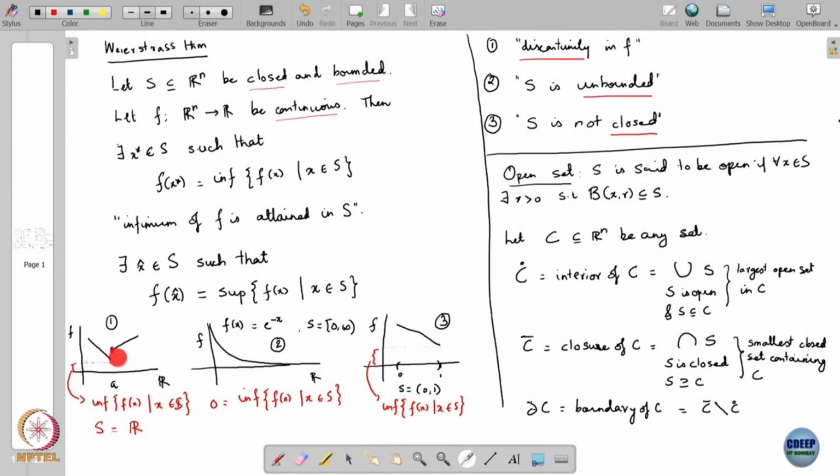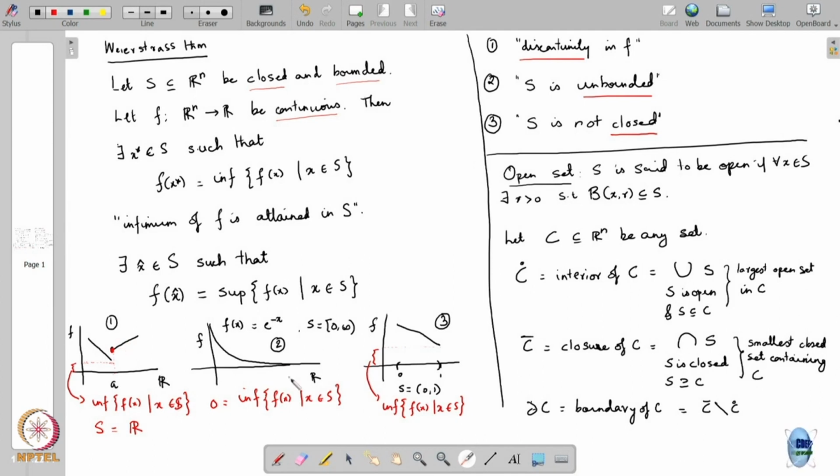So there is no optimal solution to an optimization problem, either in this case or in this case or in this case. Now, the way to fix it: in case 1, the culprit is the fact that your function has a discontinuity. So your function itself needs a change, what you are optimizing needs to be changed, and you need to consider something that is continuous.